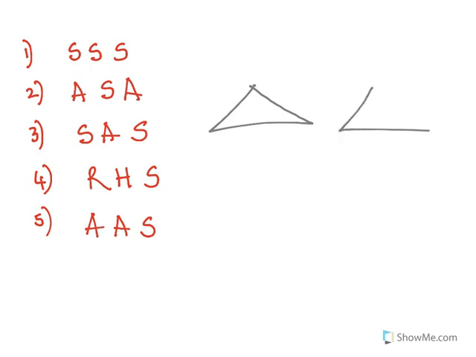If I have two triangles, two angles, say this angle equal to this angle, and here this angle equal to this angle, and any one side, it could be any side, this side say equal to this side, it need not be the included side, the triangles are congruent. Just two angles and one side.